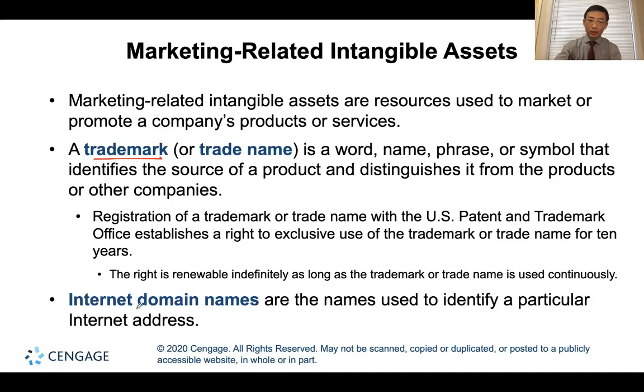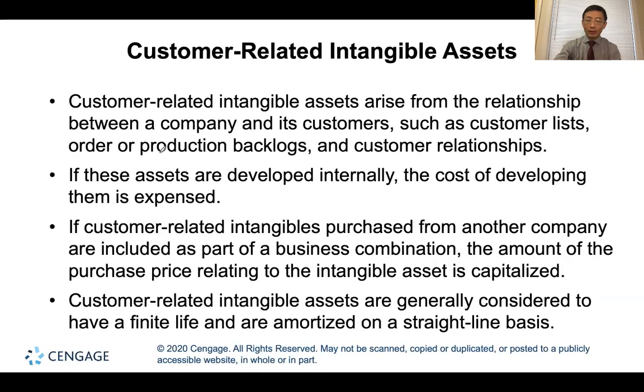It also includes intellectual domain names, like Facebook spent $1 million to have the intellectual domain name for Facebook. Okay, and also we have customer related intangible assets.